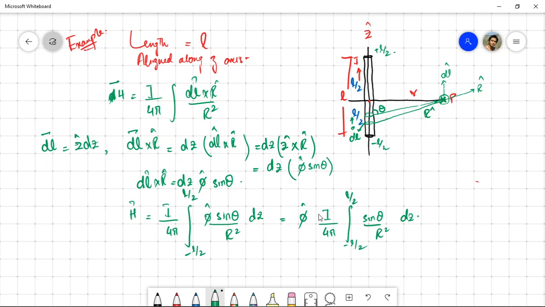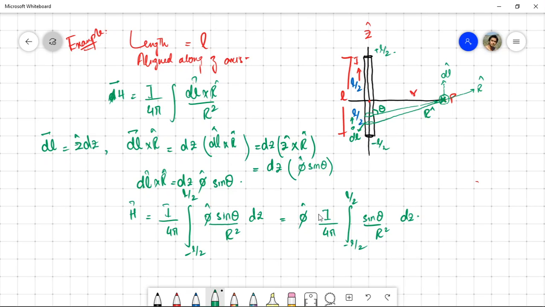So this means that we have to transform this z integral into an integral which we can express in the form of an angle, because in spherical coordinate system we do have r, we do have phi, we do have theta, but we don't have a z axis.